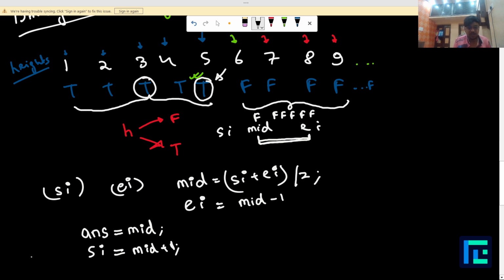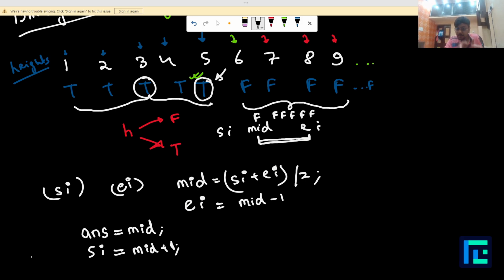So instead of traversing over this entire array linearly, which was producing a time of big O of h because you were traversing over all the heights, if you apply binary search, your search space gets reduced by half at every step, and hence the time required is big O of log h, because you are only traversing over a maximum of big O of log h heights.